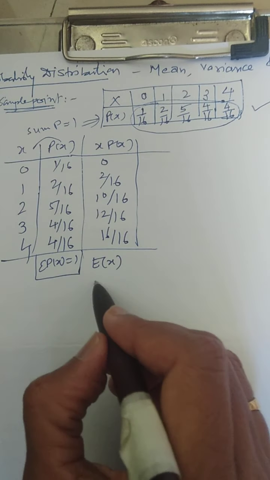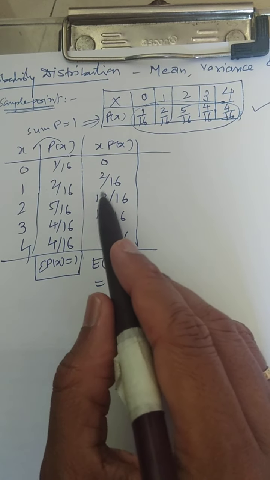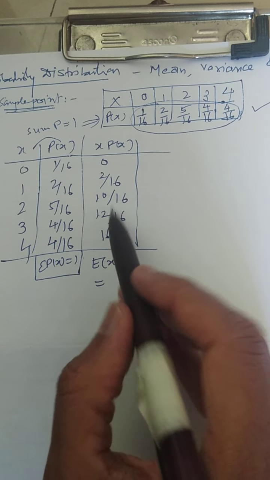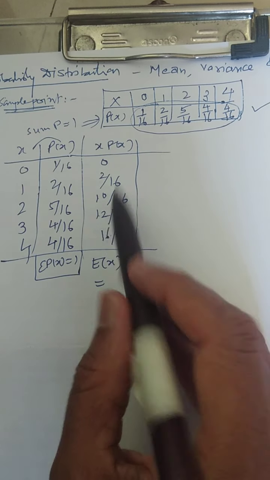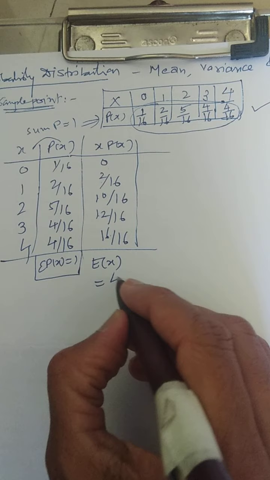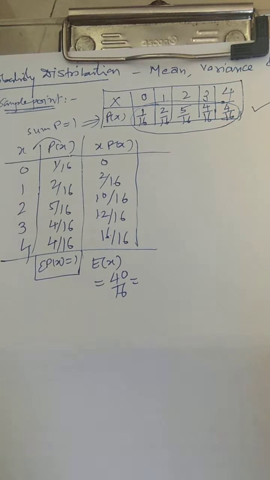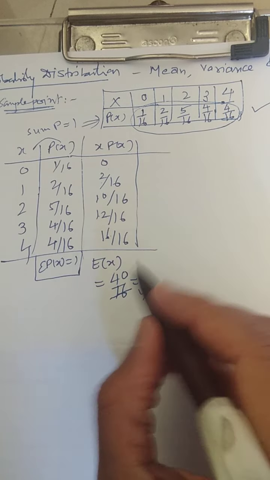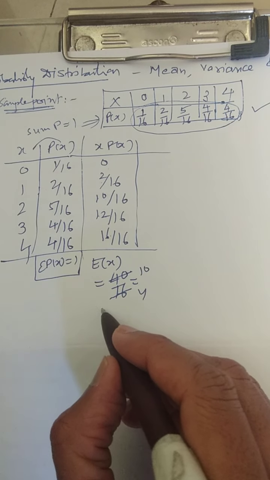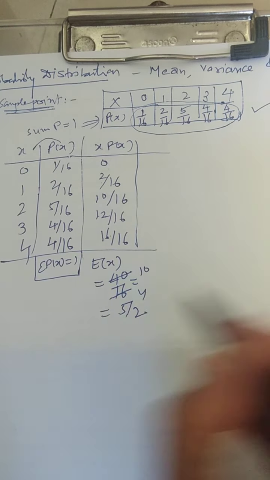So if you sum this up, it is 10, 20, 30, 36, 38, 39, 40. You are getting 40 by 16, then you can reduce it. 4 fours are 16, 4 tens are 40, and if you further simplify, you are getting 5 by 2.